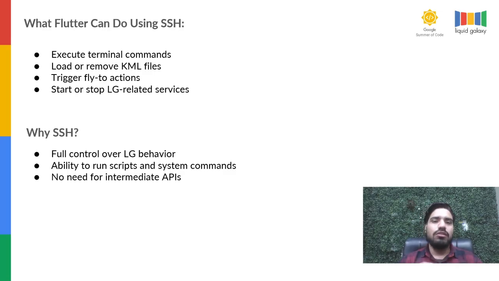We can load or remove KML from that Linux system. Also, with the help of SSH communication, we can directly stop or start the LG services, which makes it a good fit for Liquid Galaxy to communicate with the Flutter app.